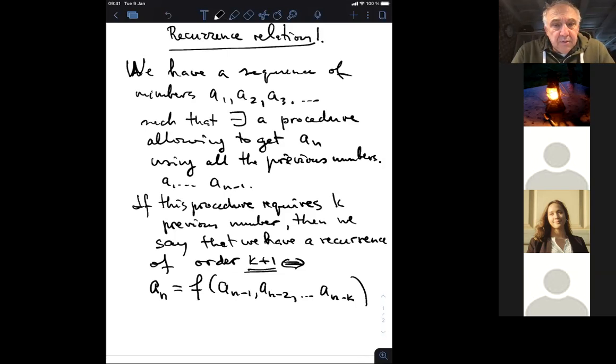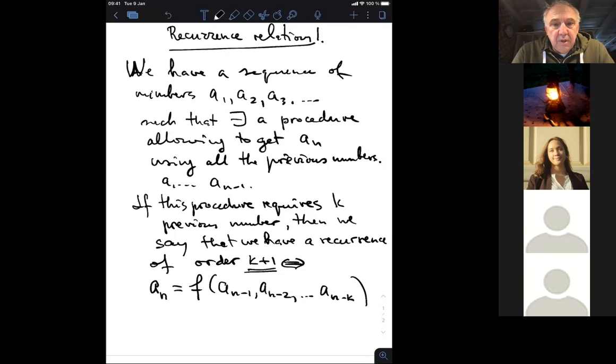What's the order if we use all the previous numbers, as you said first? Yeah, well, there is infinity in principle. And recurrences which require usage of all the previous numbers are rather clumsy. They sometimes appear, and I in particular had such a situation in my own research.